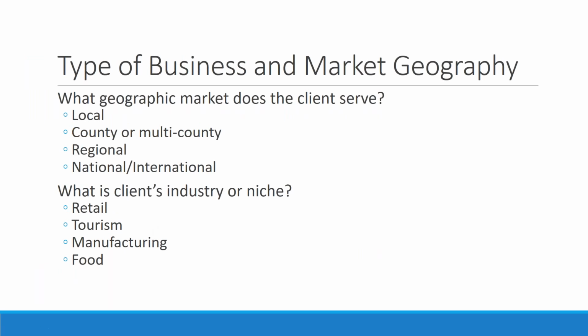And really, kind of build off that is, you really want to look at where you are in your market for the type of business that you're offering and the geographic location of where your customers may be. We want to know, are you local? Are you a county or multi-county, regional or national?